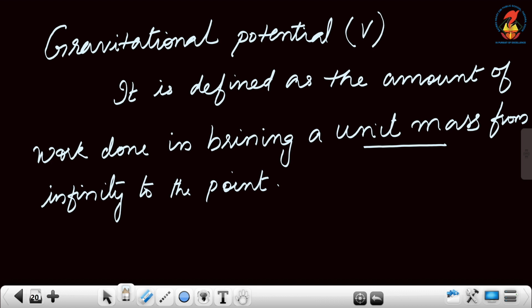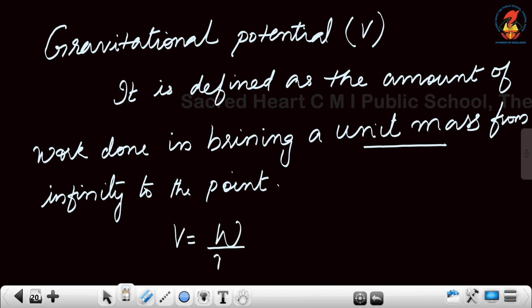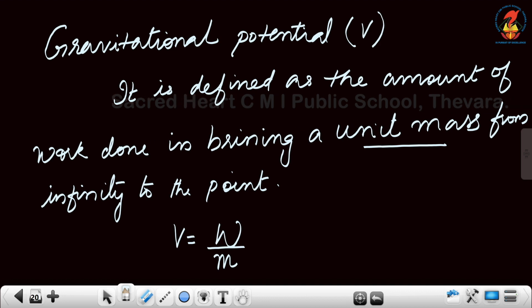The other one was the amount of work done in bringing a body from infinity to a point, but gravitational potential is the amount of work done in bringing a body having unit mass from infinity to a point, and is denoted by V is equal to work done divided by m.